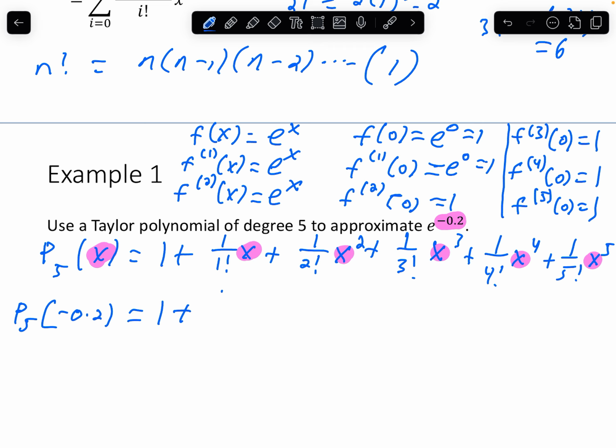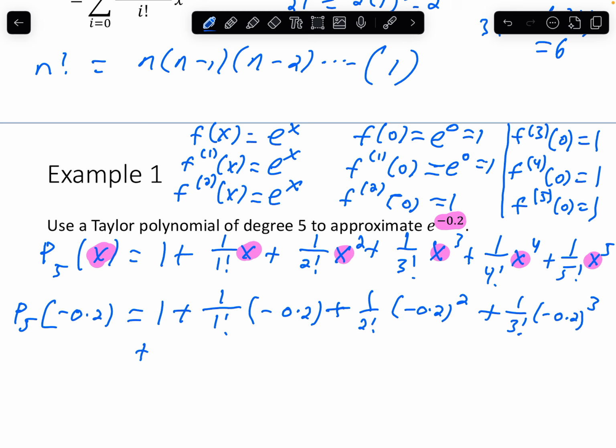Actually, I'll write it with the factorials first. 1 plus 1 over 1 factorial times negative 0.2, plus 1 over 2 factorial times negative 0.2 squared, plus 1 over 3 factorial times negative 0.2 cubed, plus 1 over 4 factorial times negative 0.2 to the 4th, plus 1 over 5 factorial times negative 0.2 to the 5th.